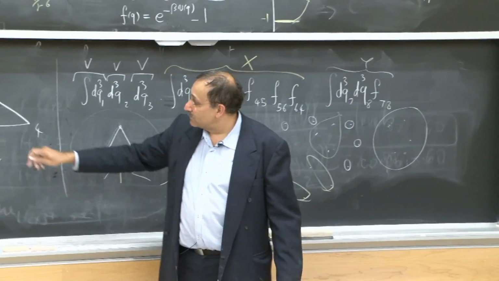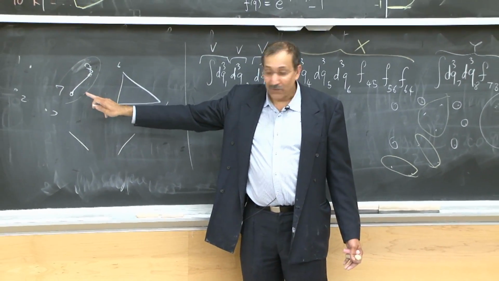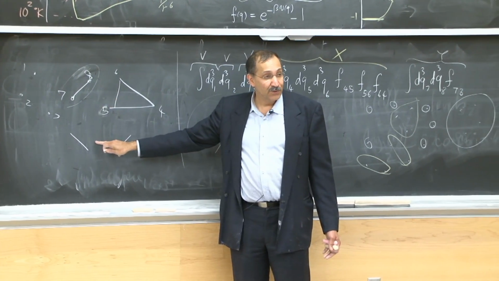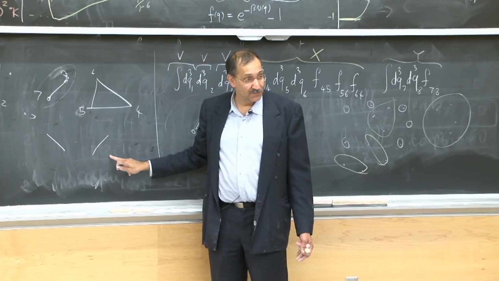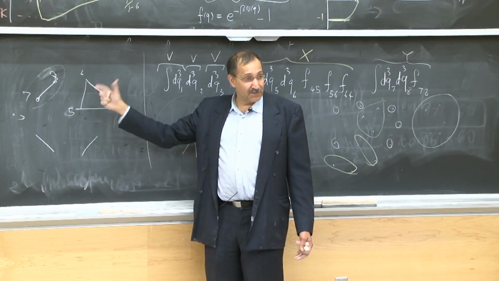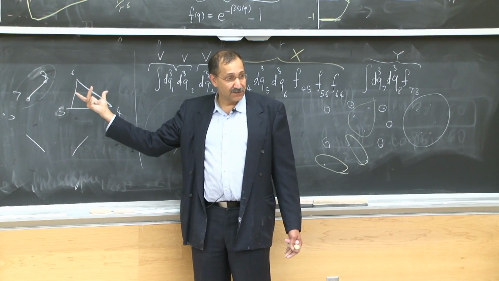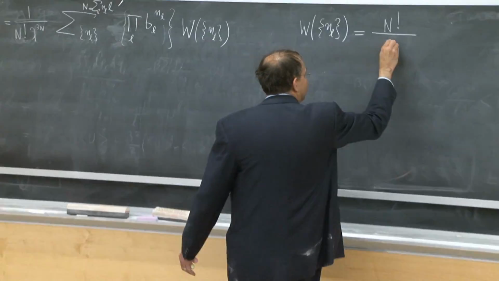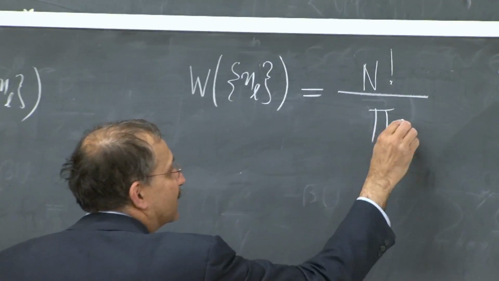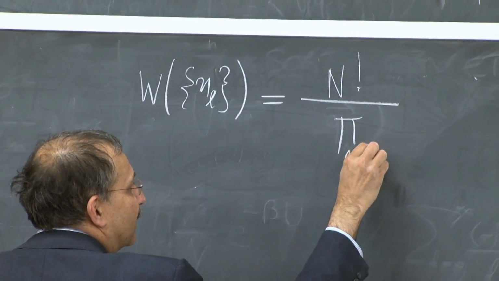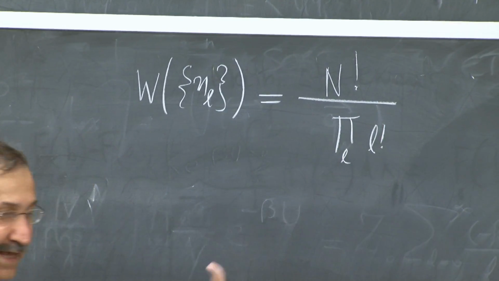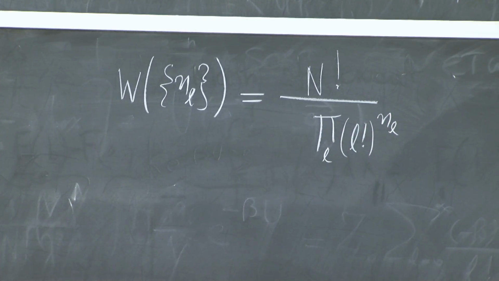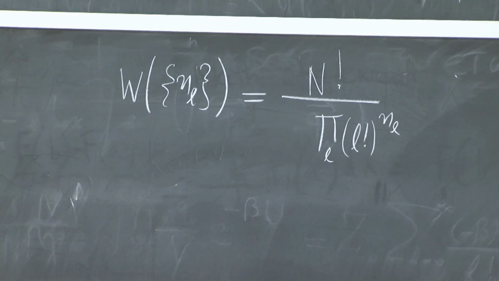So I have to divide by 2 for every one of my 2 clusters, so I have to divide by 2 to the power of N2. For the 3 clusters, I have the permutation of everything that is inside, so it is 3 factorial. So I have to divide by the overcounting, which is L factorial, labels within a cluster, to the number of clusters that I have that are subject to this.